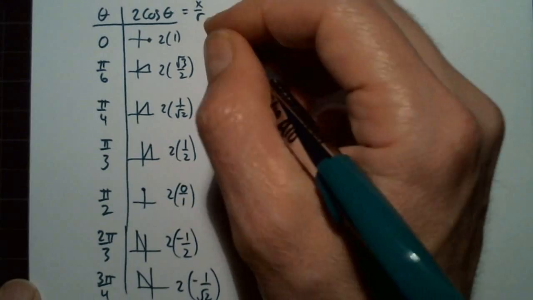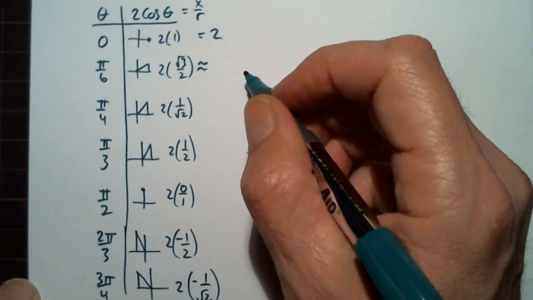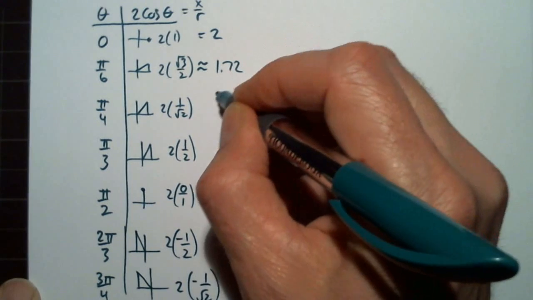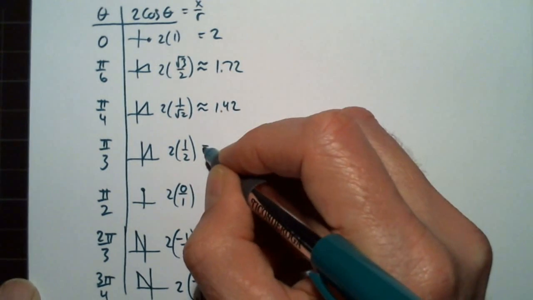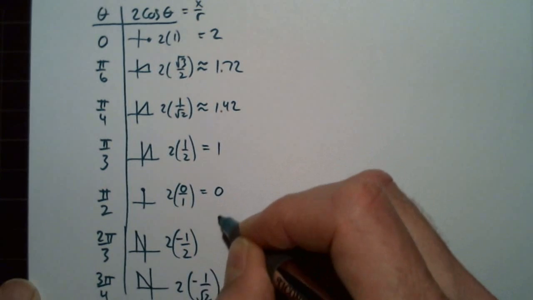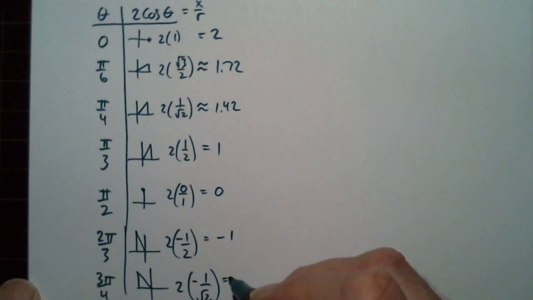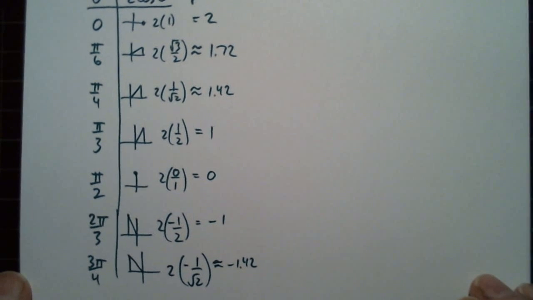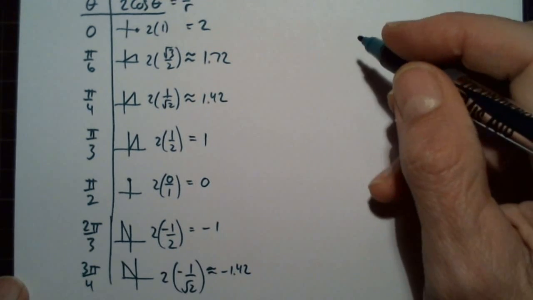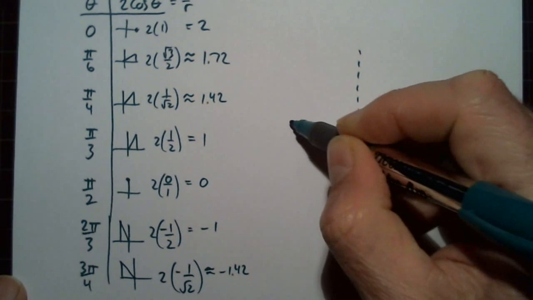So then let's simplify and approximate. And then we just graph these like in the previous lesson.